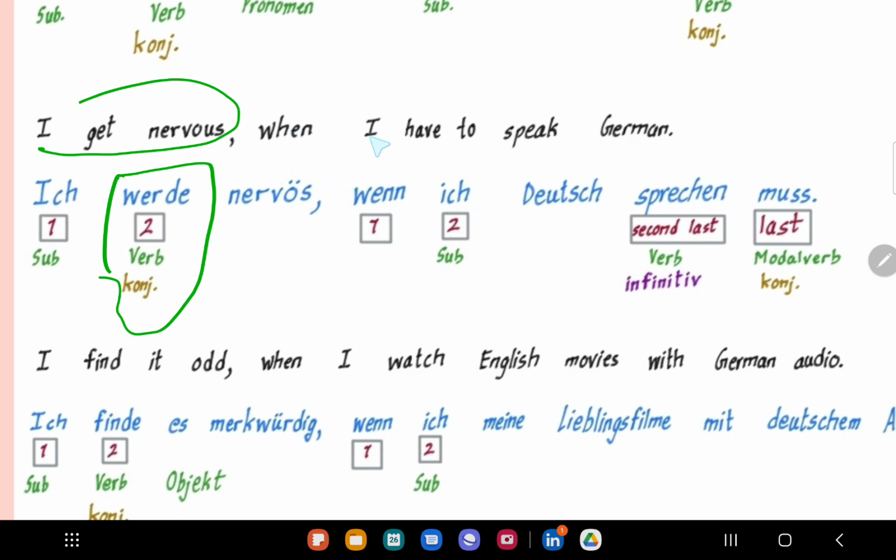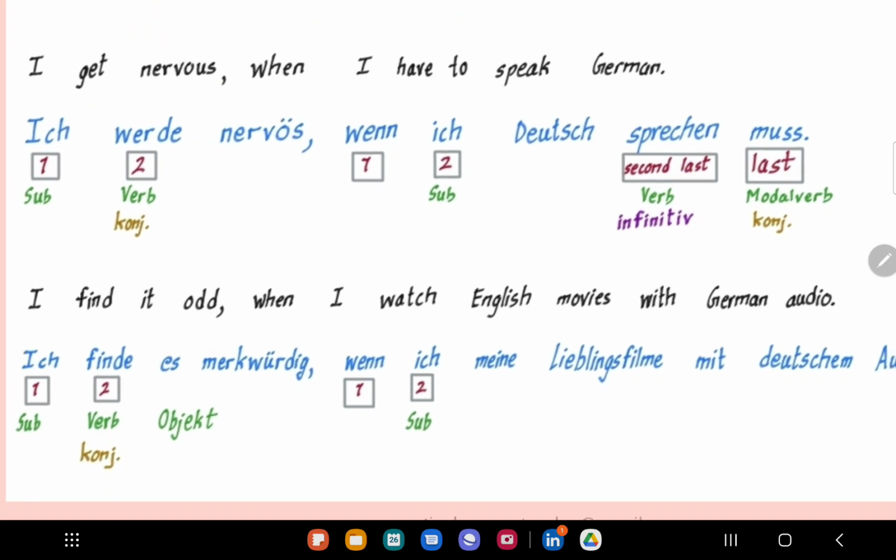If there was no wenn, and you just want to say I have to speak German, you will say ich muss Deutsch sprechen. But because you have wenn, the conjugated verb which was here after the subject moves to the last position. So sprechen would have been at the last position, but now it becomes second last because muss is at the last position. This one is in infinitive form.